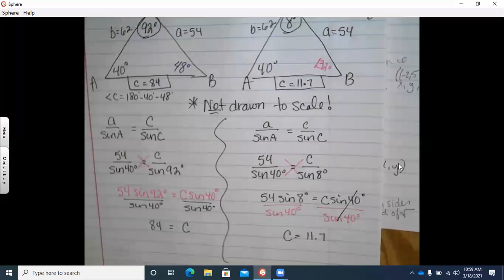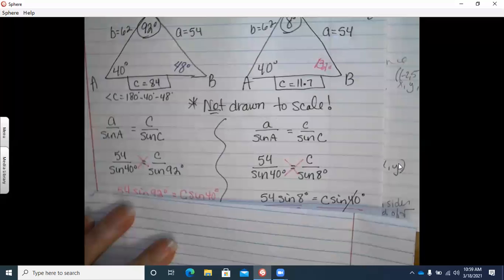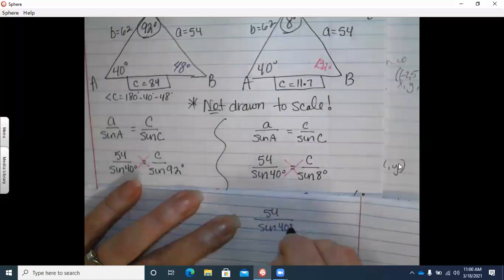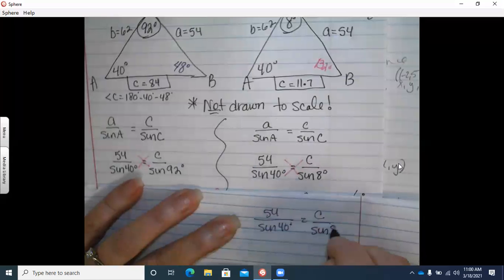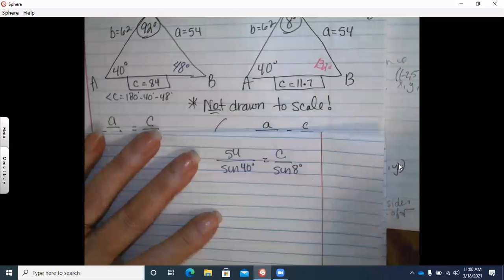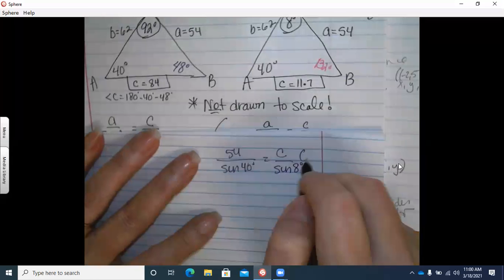So if you didn't do the cross multiply, if you did 54 divided by sine of 40 degrees equals C over sine of 8 degrees, so you multiplied both sides by what? Oh, okay. Anybody else do it? I'll just do it. Multiply both sides by the sine of 8 degrees.